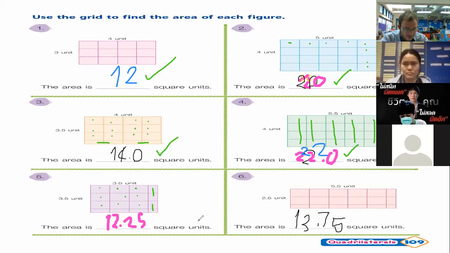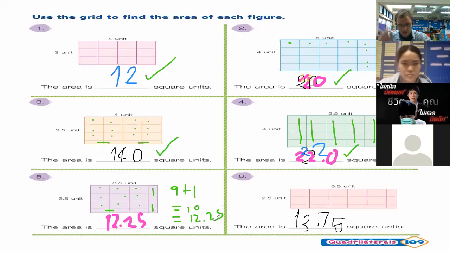So this one's even smaller. So you have 1, 2, 3, 4, 5, 6, 7, 8, 9. So we have 9 plus 1 equals 10. And then we have 0.5 and the extra 0.75 here equals 12.25.